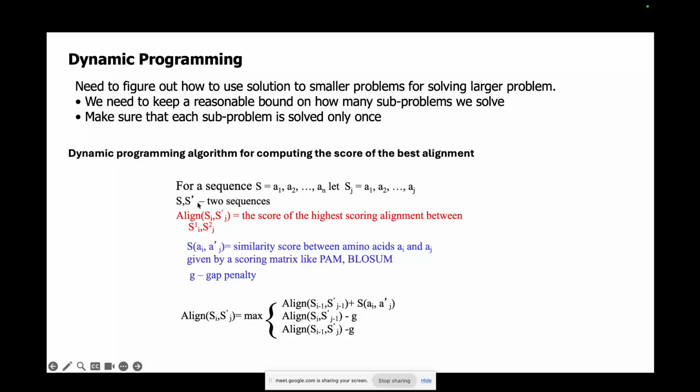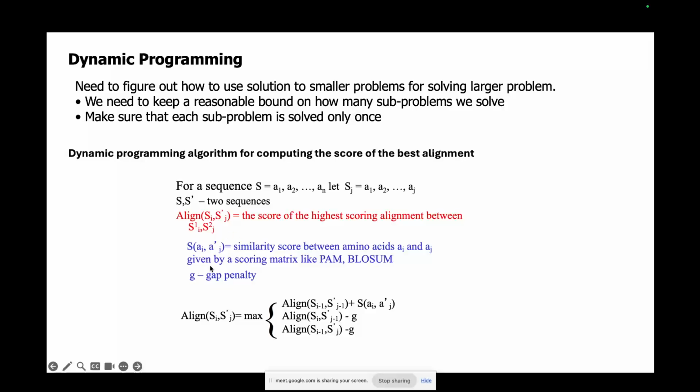So S and S prime are the two sequences, and you align the ith position of the first sequence to the jth position of the second sequence. So the problem is to find the score of the highest alignment between these two regions of these two sequences, right? Now, how do you do that?